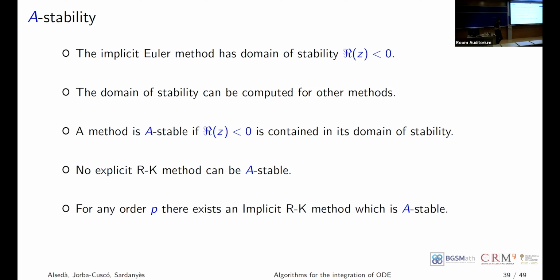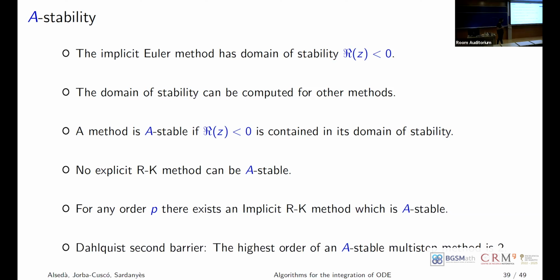But for any order, there exists an implicit Runge-Kutta method that is stable. So we can solve stiff equations with implicit Runge-Kutta methods of any order desired. In particular, all the Runge-Kuttas that you have of whatever order for explicit methods, you have them in their implicit version.